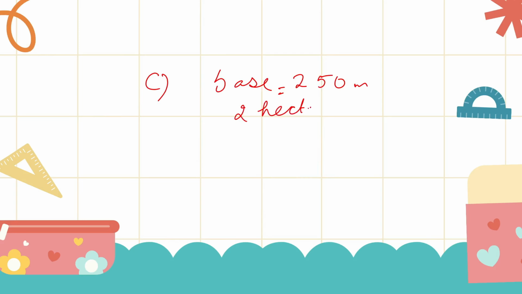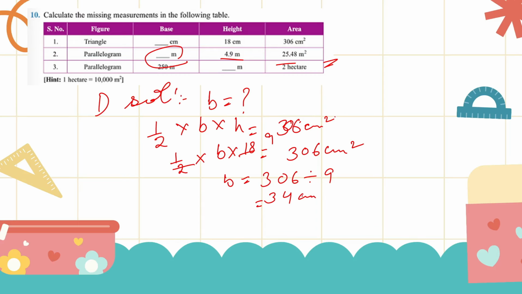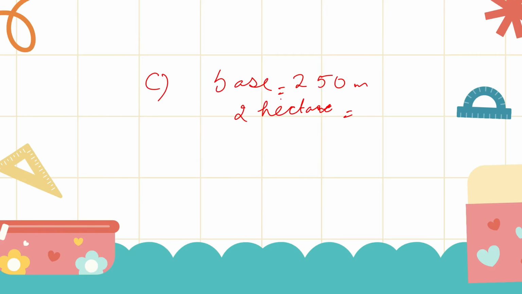Now this is given in hectare, and we have to convert it to meter because the base is given in meter, and here the hint is also given. 1 hectare equals 10,000 meter square. So 2 hectare is 20,000, because 10,000 meter square is 1 hectare, then obviously 2 hectare is 20,000 meter square.